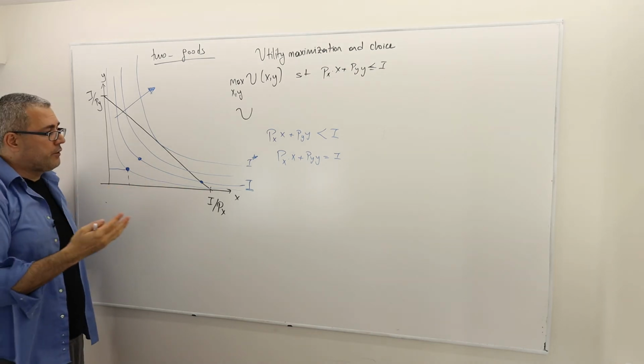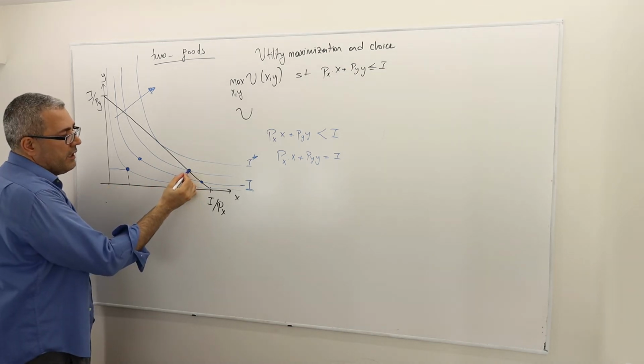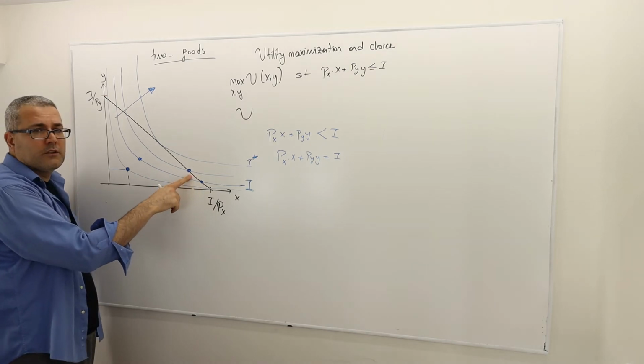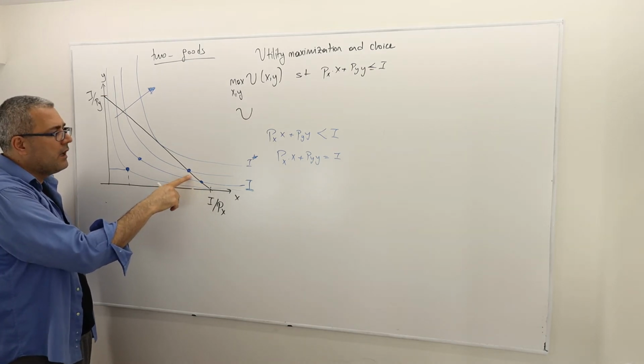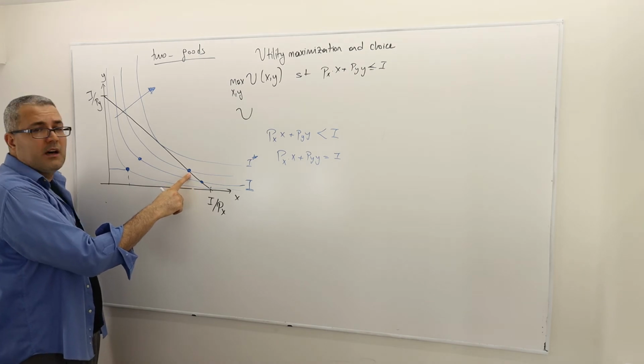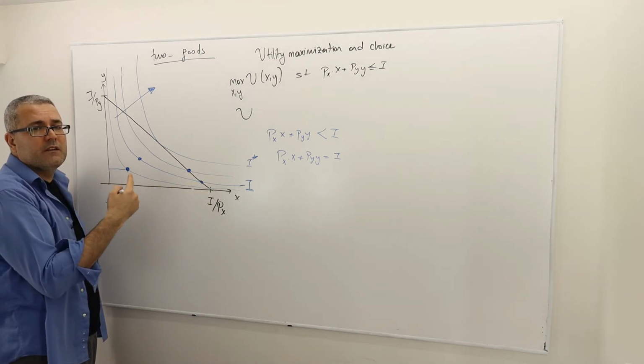Graphically, there is another point here with exactly the same cost, meaning I spend my entire money, but it gives me higher utility because it's on a higher indifference curve.